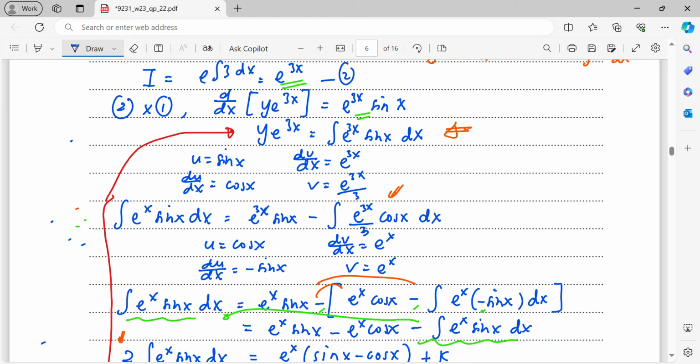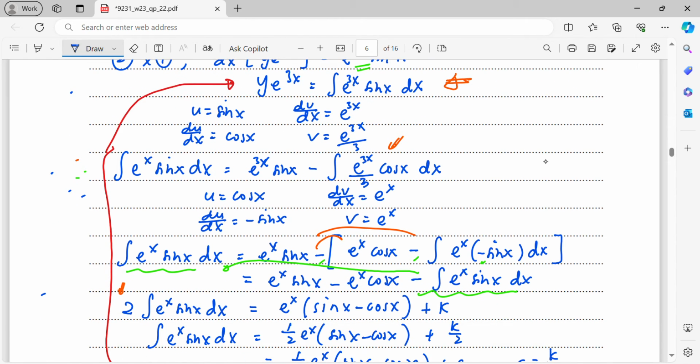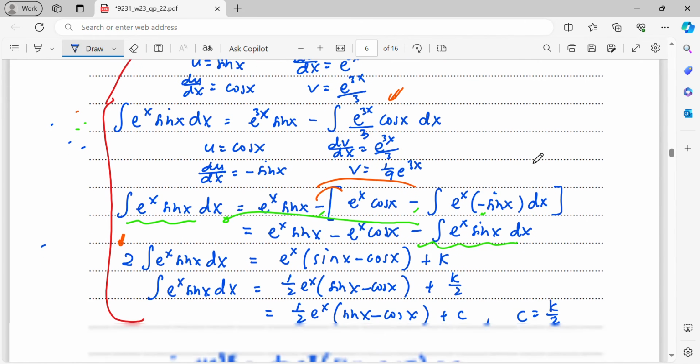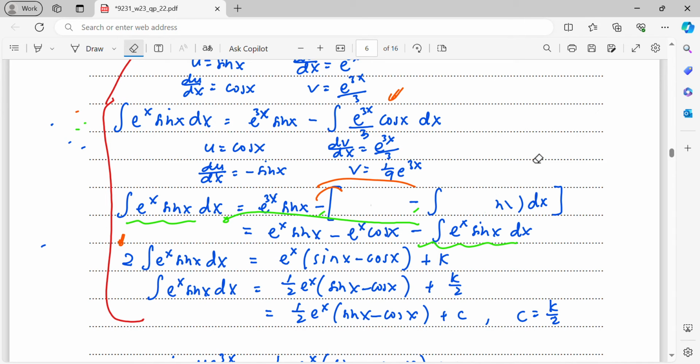Right, so here I will write e^{3x} over 3. Therefore, this is going to be 1 over 9 e^{3x}. Here I have to redo this part. So this is uv, so 1 over 9 e^{3x} cos x.